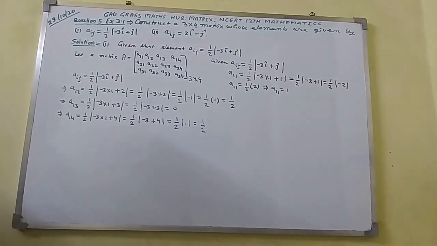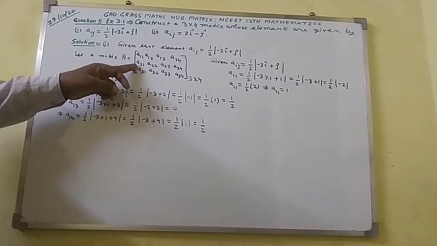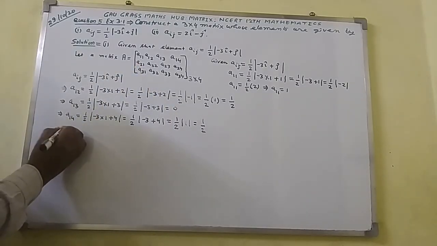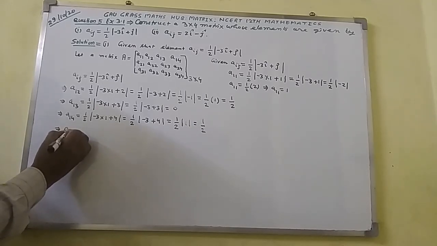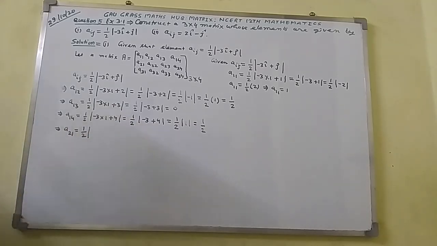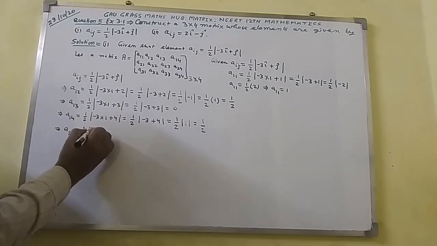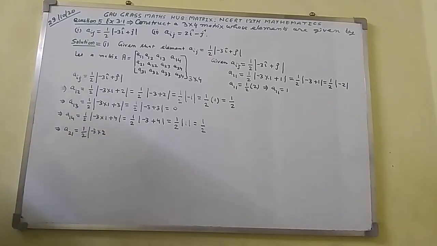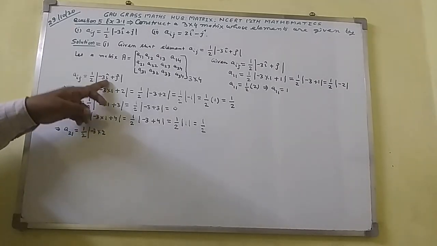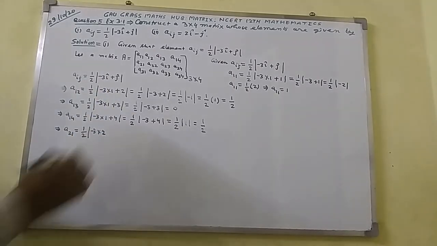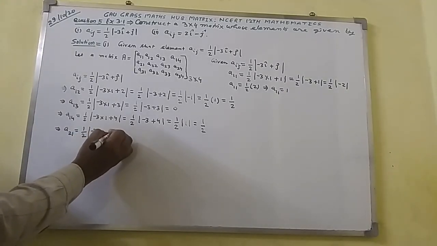Now the next element I shall take is A21. Do the operation: 1 over 2 mod minus 3 into, in place of i I shall write 2, plus the value of j will be 1.